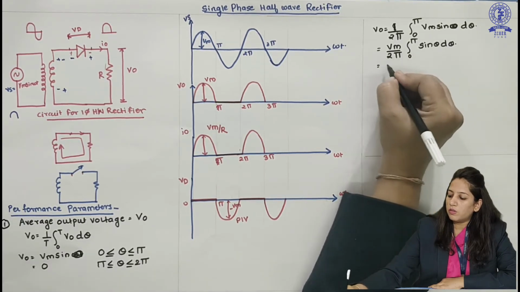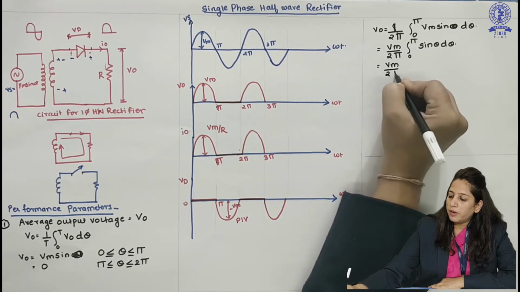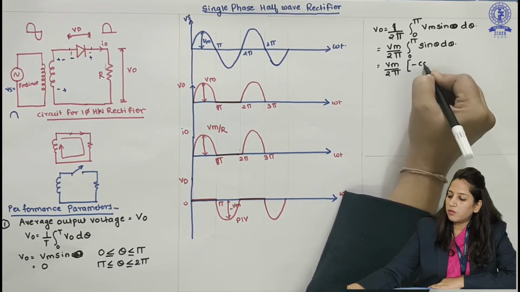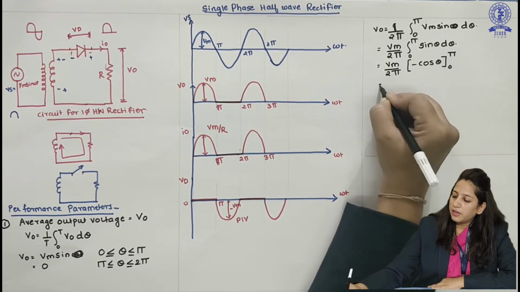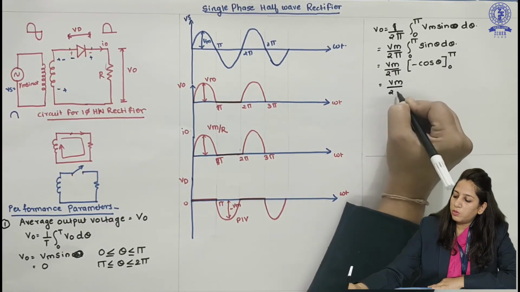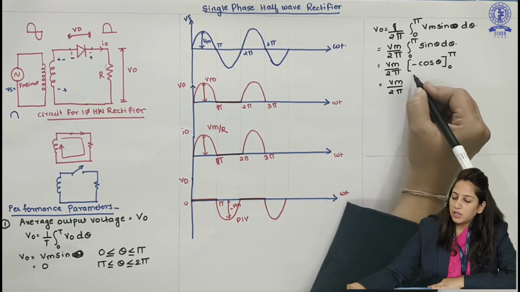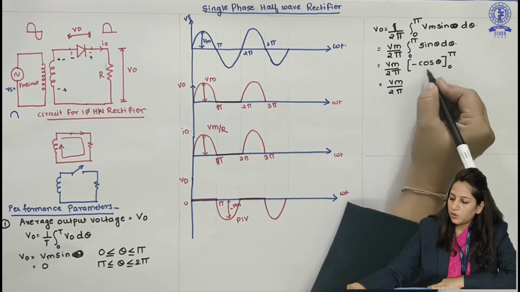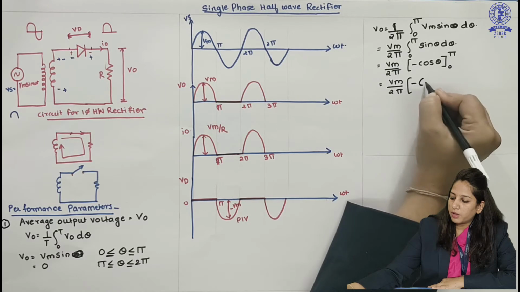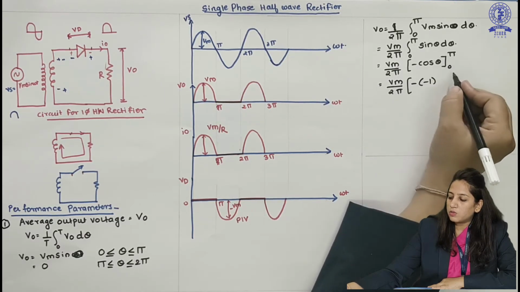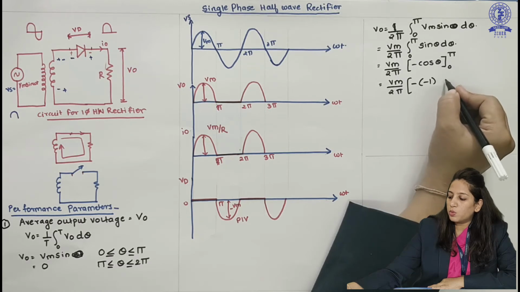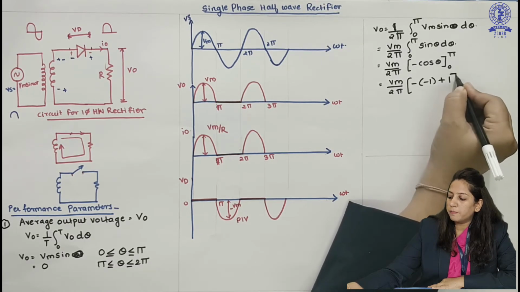Integration of sin, we will solve: Vm upon 2 pi. Integration is minus cos theta, limits from 0 to pi. I will put these values in this minus cos theta, so it will be minus of minus 1, and again minus into minus cos 0, which is minus into minus 1, so it will become plus 1.